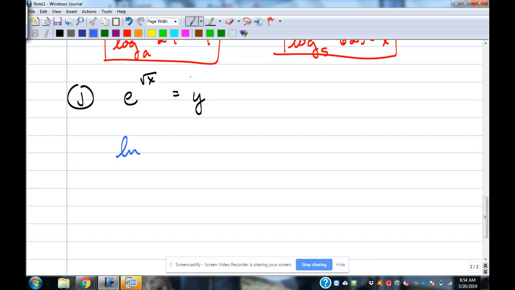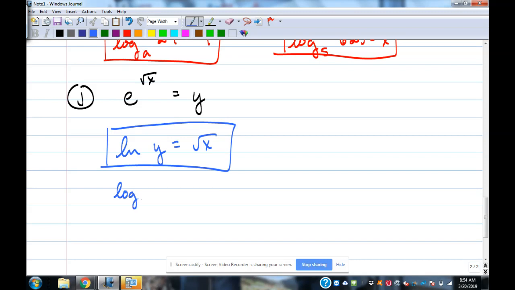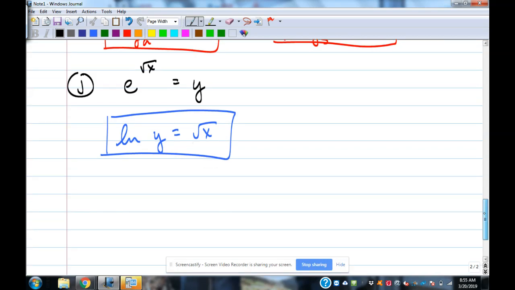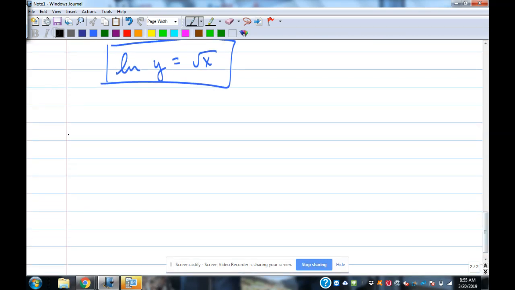So ln of y. Now, if you wrote log base e, I would not accept that. Log base e is natural log, so use the LN there. Okay. All right, so just rewriting from logs to exponentials, from exponentials to logs. Be able to do that. That's not a hard thing. It all goes back to bases and exponents.